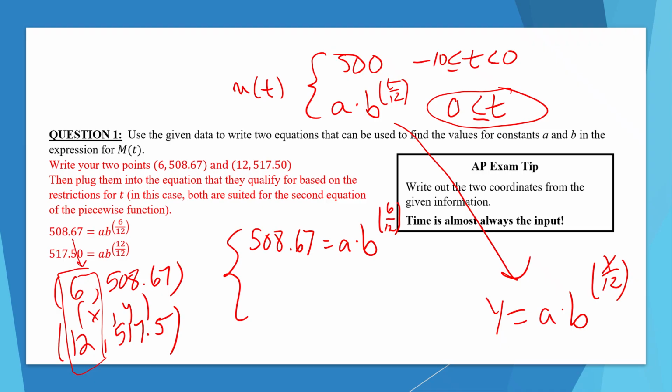The next equation, very similarly, will be 517.50 equals a times b to the power of 12 over 12. And here we don't even need to simplify the fractions. 6 over 12 and 12 over 12 can be left like that. Don't worry about simplifying those. So that should be our answer for question number 1.